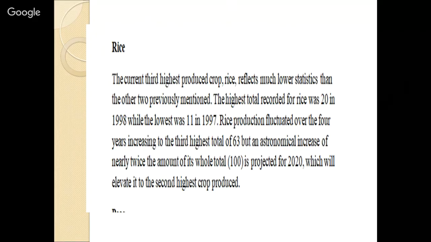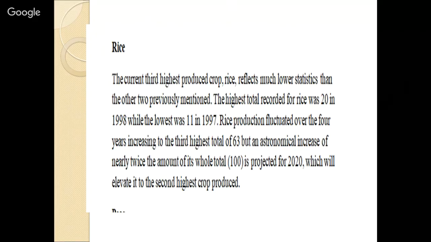Rice production fluctuated over the 4 years, increasing in the third highest total of 63, but an astronomical increase of nearly twice the amount of its whole number, 100, is projected for 2020, which will be elevated to the second highest crop produced.